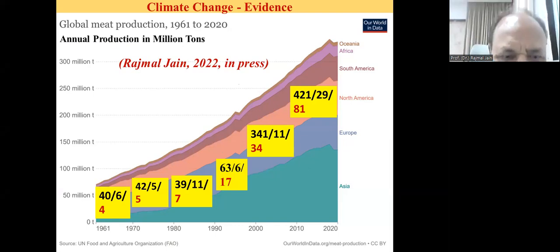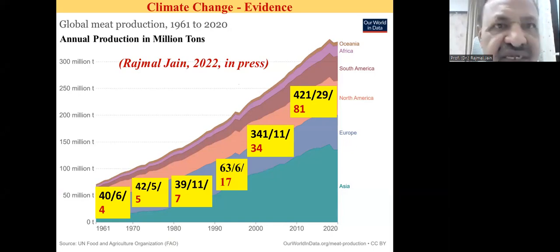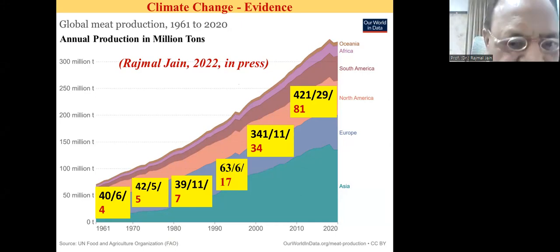You can see in the x-axis that the data is from almost 1961 to 2020. Previously I had data up to 2017; now I have received data from the United Nations up to 2020. The x-axis is the number of years, and the y-axis is the annual meat production over the whole globe, worldwide, in millions of tons.